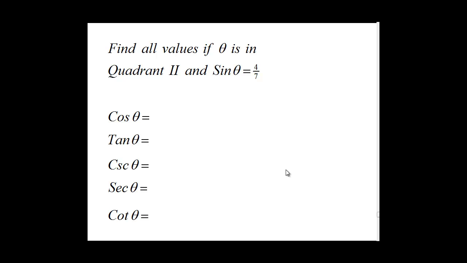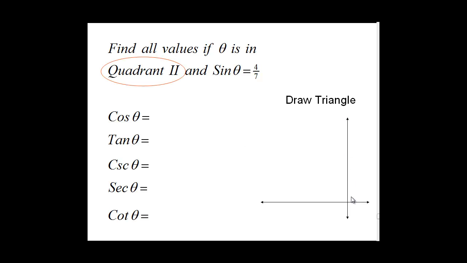Now, in section 4, they're also going to give you a value, for instance, of sine theta is 4/7. And they give you a quadrant, second quadrant, and they want you to figure out all the other trig functions, what the numerical values are going to be. Now, the easiest way to do this is to draw a triangle in specifically quadrant 2.